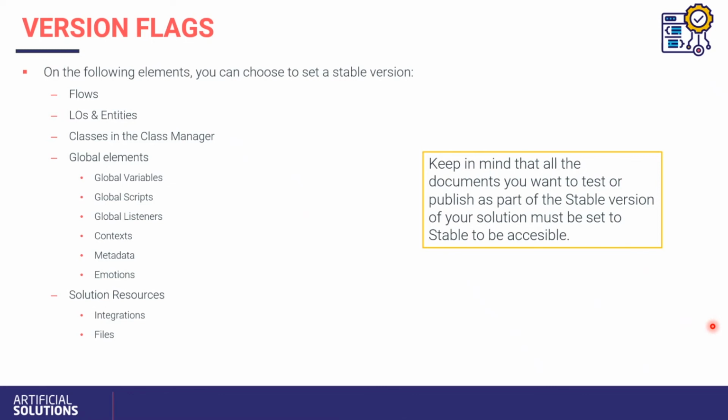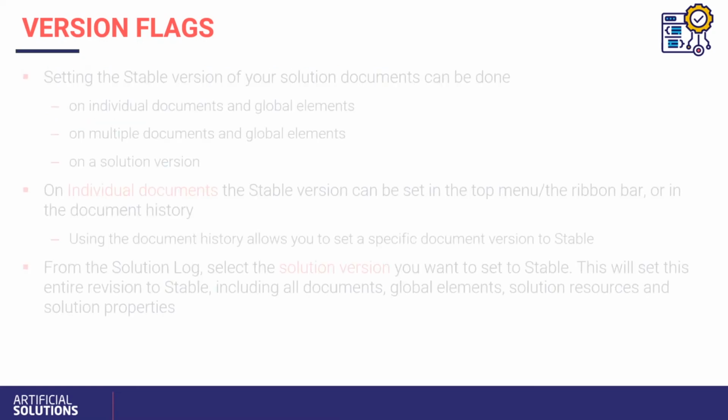So if there's a flow that you do not set a stable version on, and you then go test the stable version, well, that flow for the solution or for tryout in that given time simply does not exist, right? So it will not be taken into account. You have to remember to set the flag on all the elements that should be considered. Set the flags.